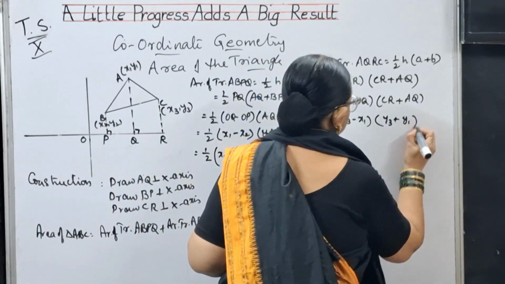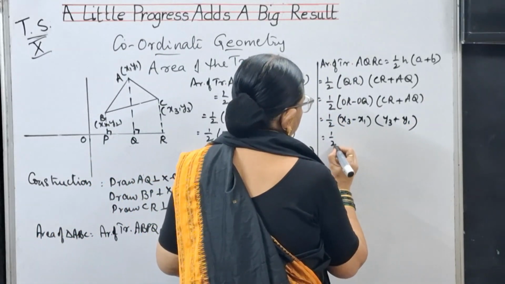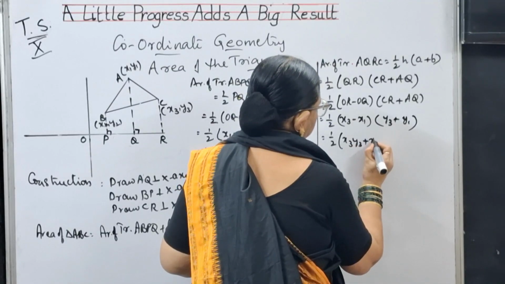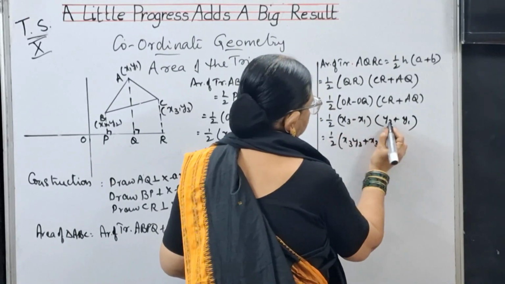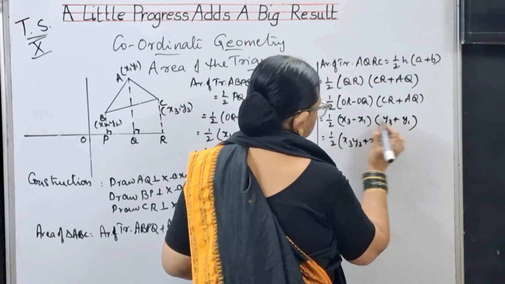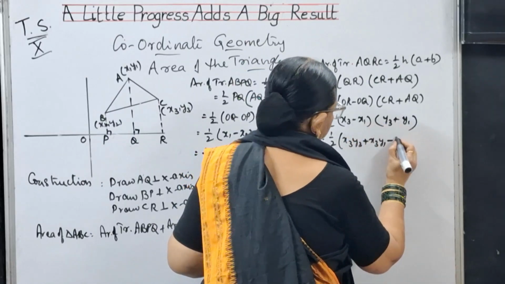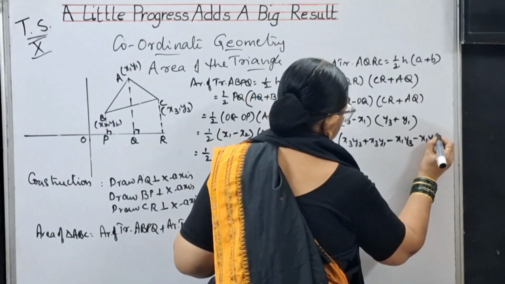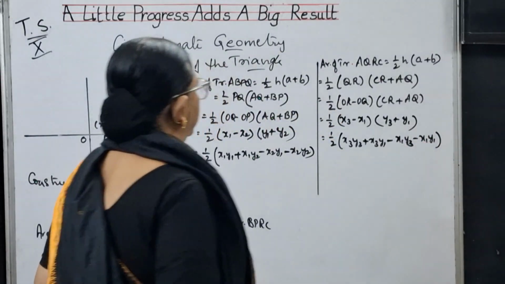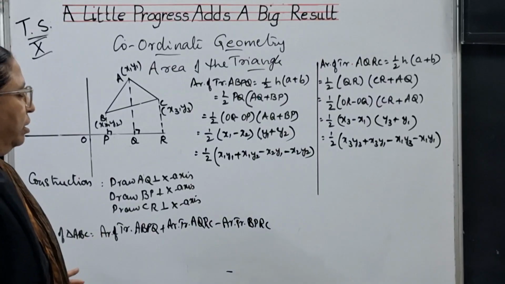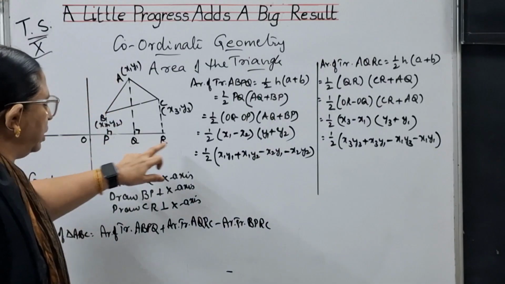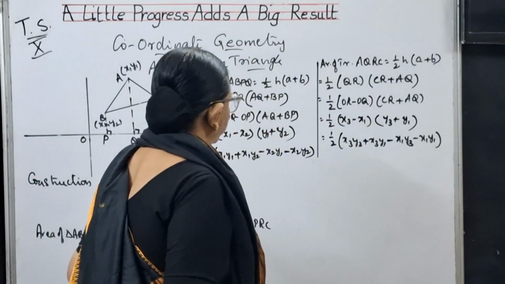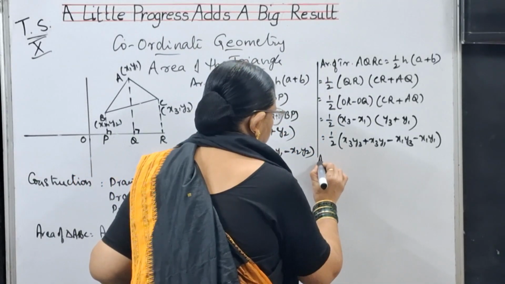Okay. So let us multiply again. Half into x3y3 plus x3y1 minus x1y3 minus x1y1. So this is the area of trapezium AQRC.